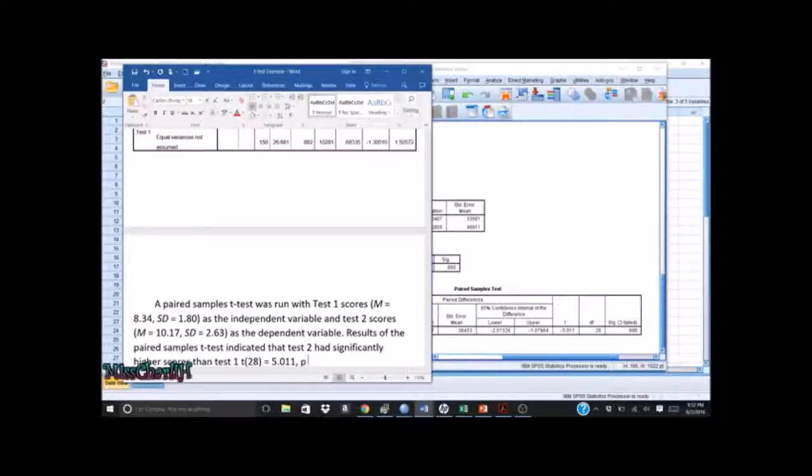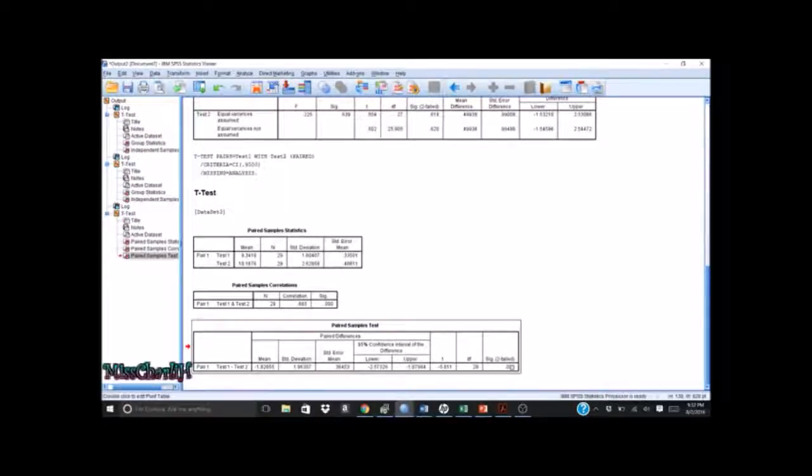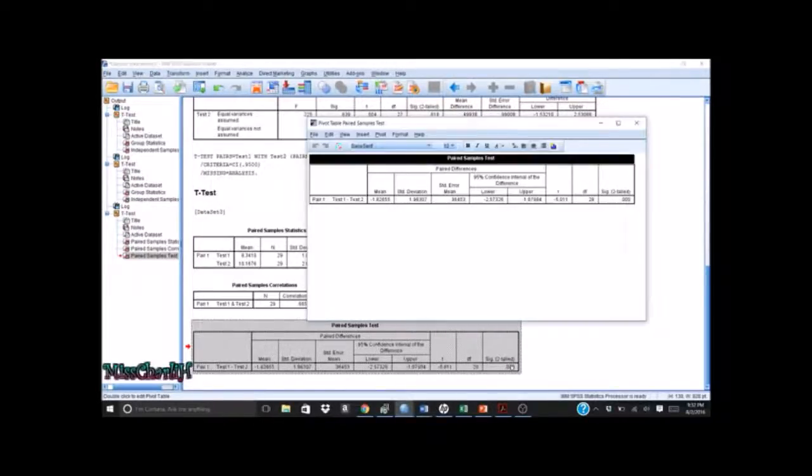And my p-value, now when SPSS says 0.00, this is never what we write. The only time we ever change our p-value is when it is actually 0.00. And that's because if we can click on it, there we go. There actually is a number there, but for some reason SPSS just cuts it off at 3 digits.